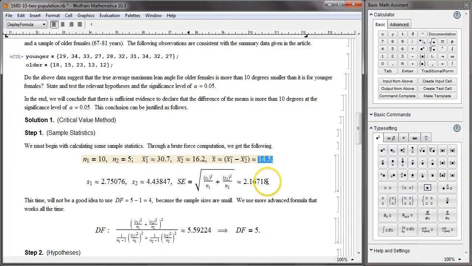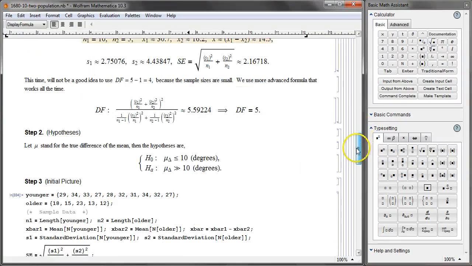We can also calculate the standard deviations for younger and older women, and calculate the standard error accordingly. We can also calculate the degree of freedom. Again, the same formula, just plug in all those numbers and run your calculator. So we have a degree of freedom of 5, a standard error of 2.167, and an observed difference of 14.5. We're all set.